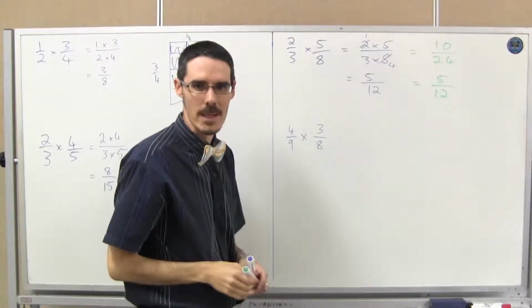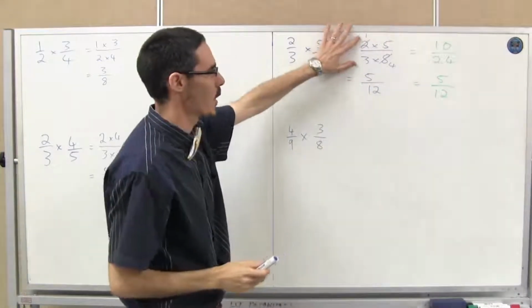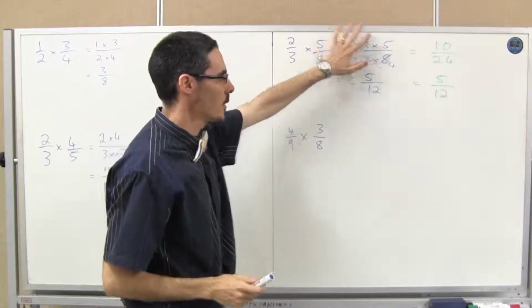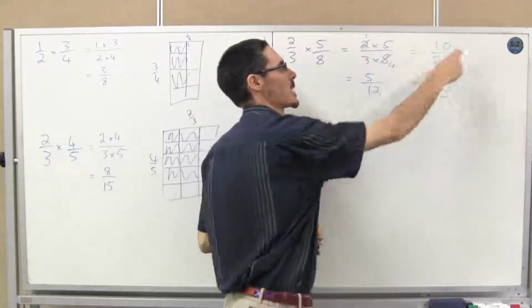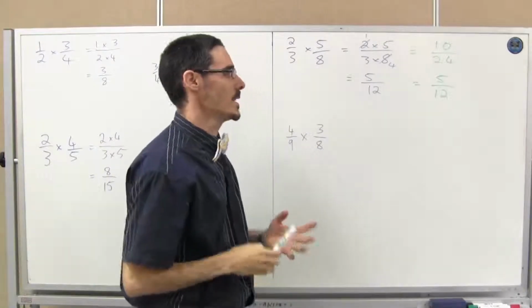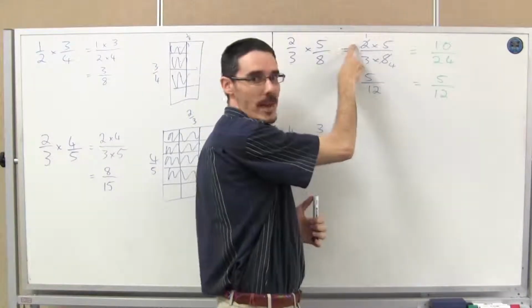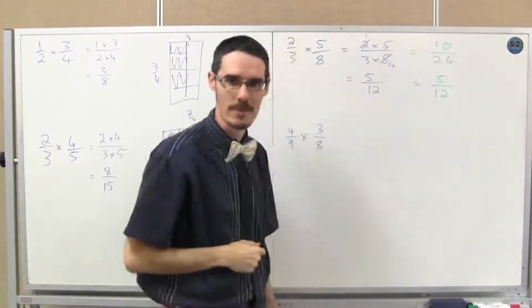And you get exactly the same answer. So it doesn't matter if you don't spot the common factors here. You can get them once you've got this. But these numbers are bigger. And so sometimes when the numbers get bigger, it's easier to cancel common factors first before you actually do the multiplying.